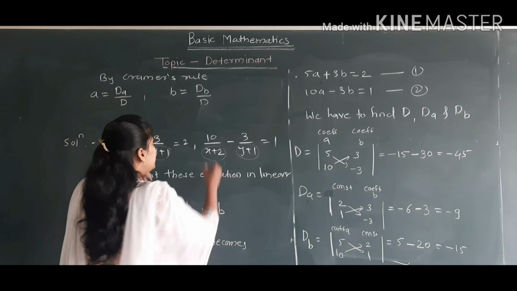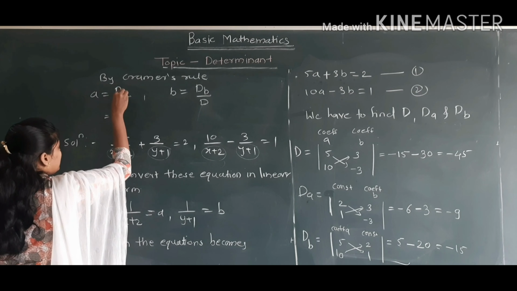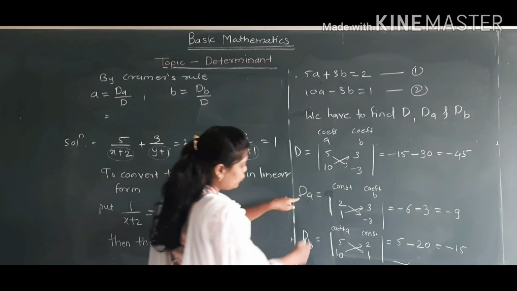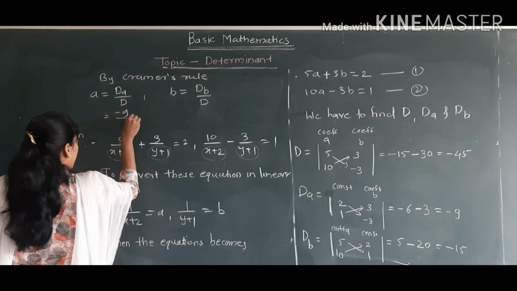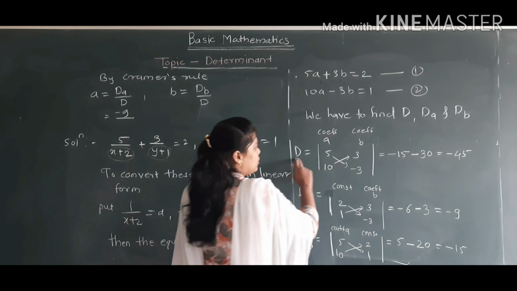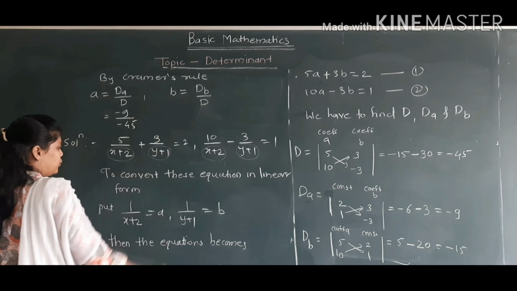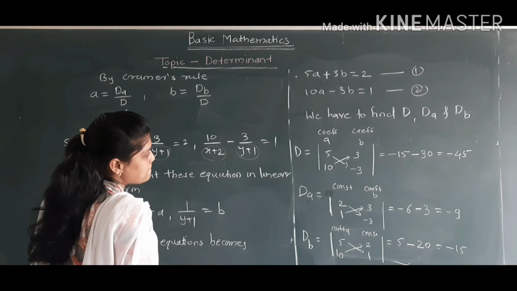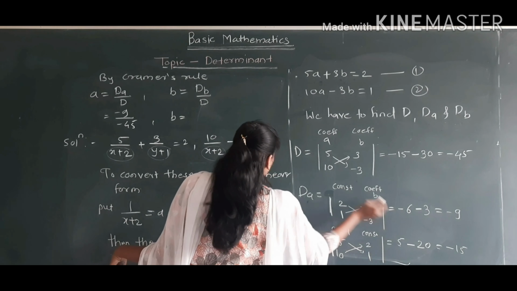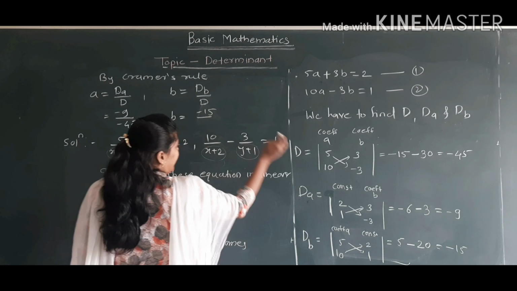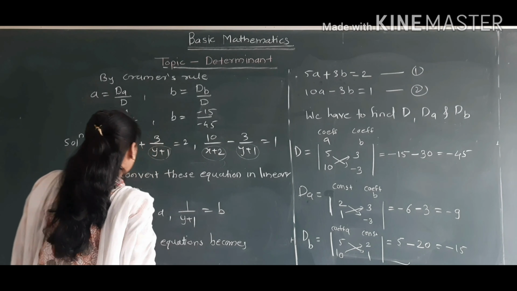And b is equal to dB upon D, dB is minus 15 and D is minus 45.